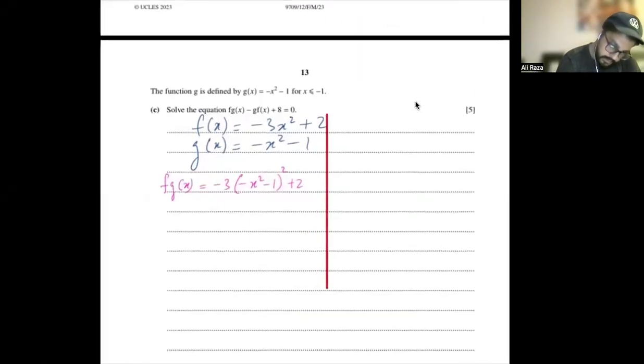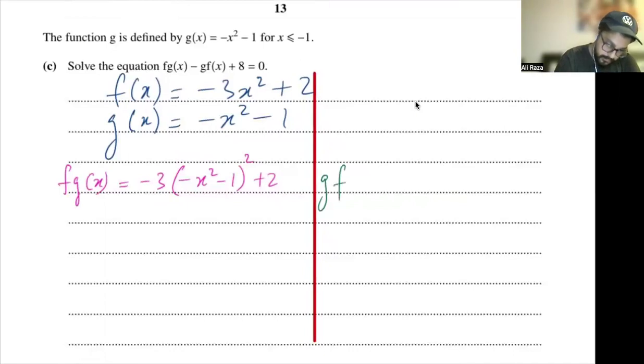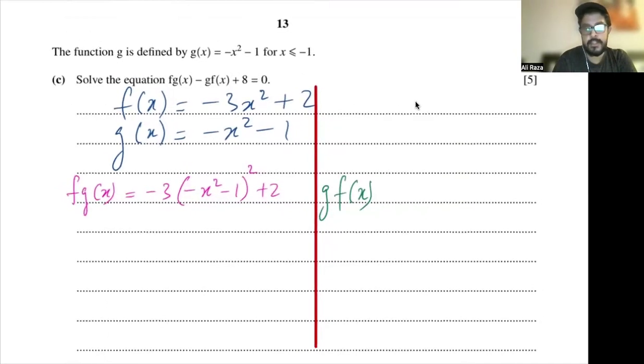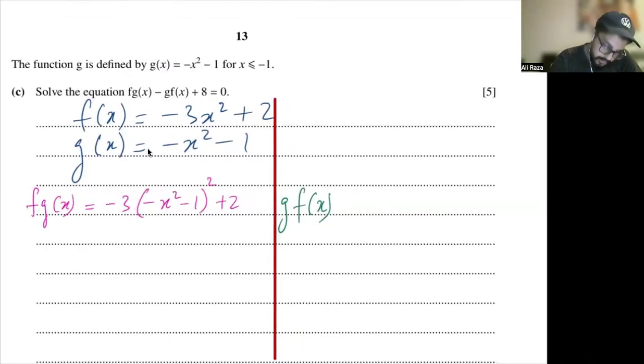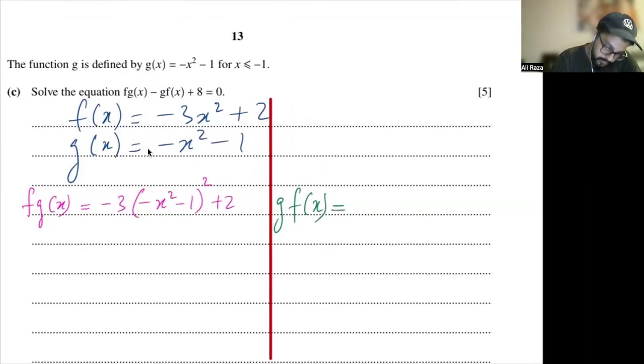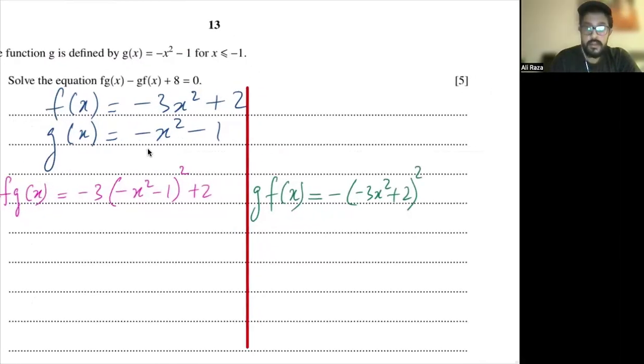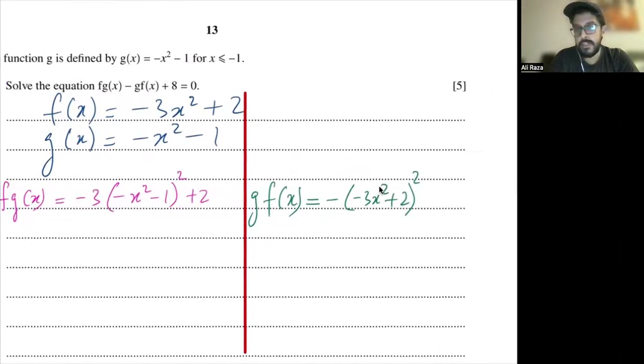And at the same time, let's find g of f of x as well. g of f of x means that we're plugging the function f of x inside the function g of x. So minus 3x squared plus 2 whole squared, minus 1.